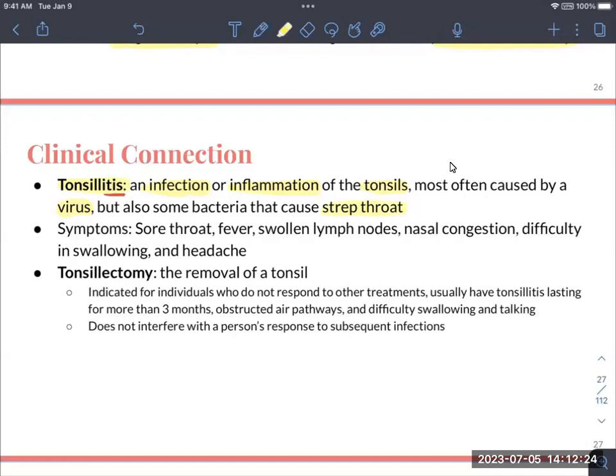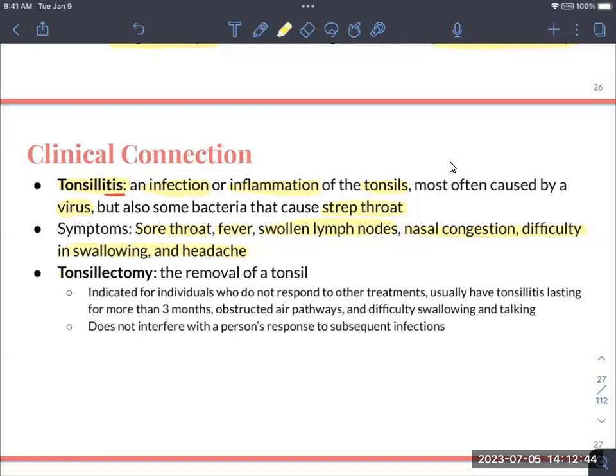But that's usually what causes enlargement of your tonsils. You can have a sore throat, you can get a fever, those swollen lymph nodes in that area, nasal congestion. You have a hard time swallowing. You also get a headache sometimes with these.